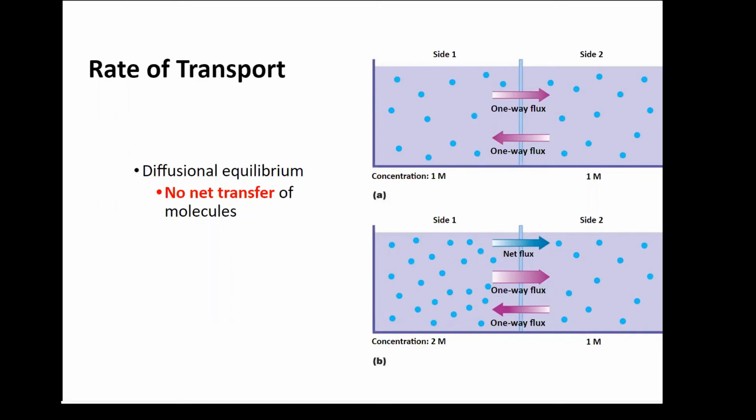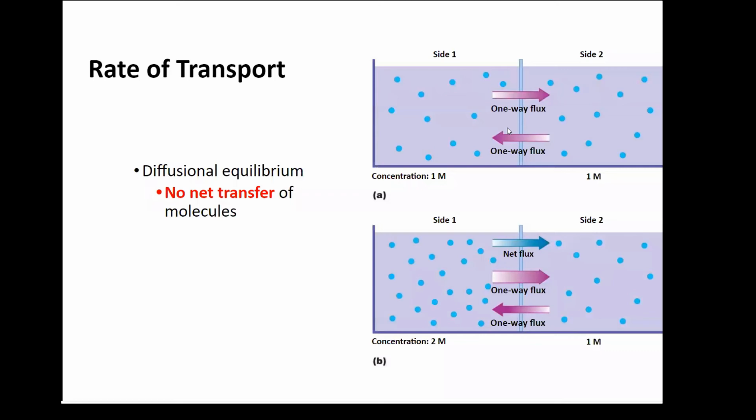So we say that there's no net transfer of molecules. So we simplify our lives. We can have a little bit moving in and out of the cell back and forth, but they cancel each other out. So we just basically think of it as no movement. Okay. So that's our diffusional equilibrium.